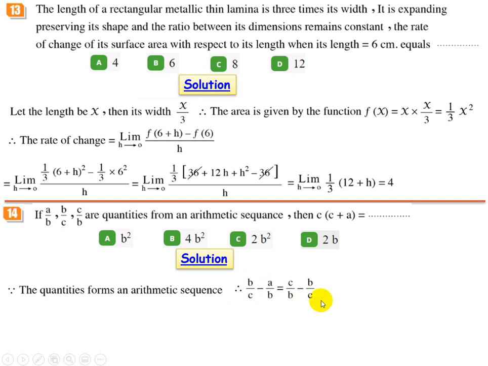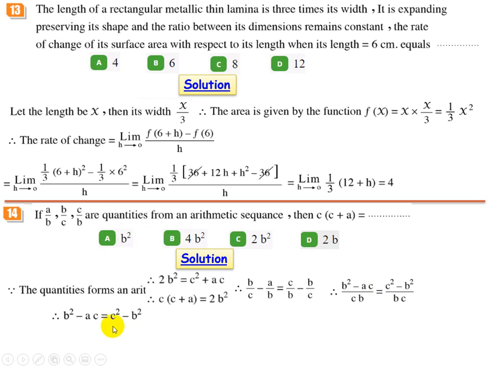Collecting the like terms, or making the same denominator, b squared minus ac over cb equals c squared minus b squared over bc. Cancel bc with bc. Therefore b squared minus ac equals c squared minus ab minus b squared. So 2b squared equals c squared plus ac. Taking c as common factor, 2b squared equals c times c plus a.